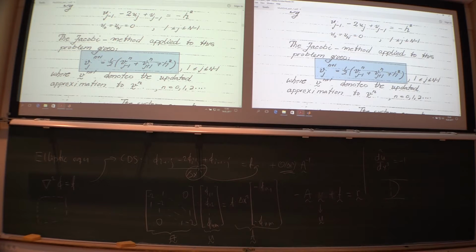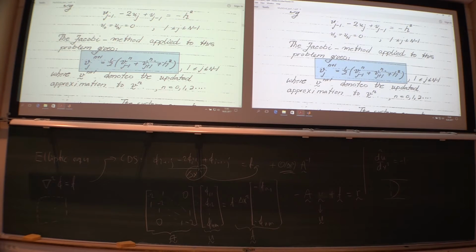Because here, if you do now a for loop over all points j, you see you will update some of the values inside your unknown, inside the vector v. So one of these on the right-hand side will be from the previous iteration. The other one will be actually freshly updated. The Jacobi demands only old values on the right-hand side.